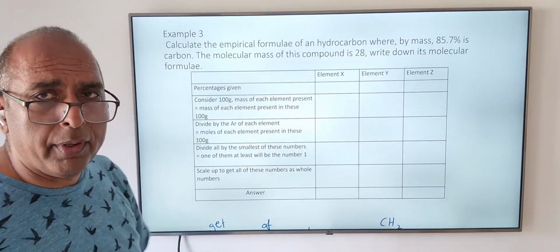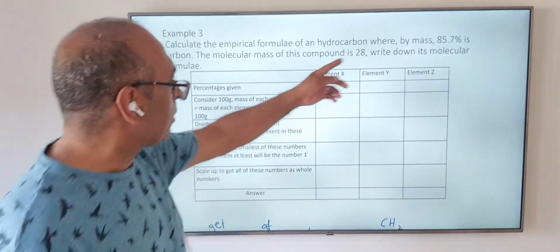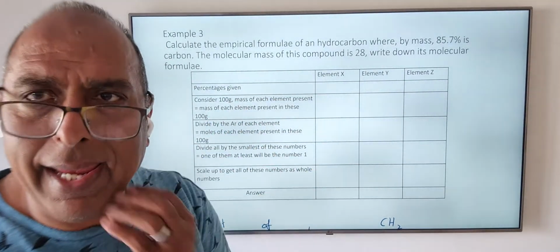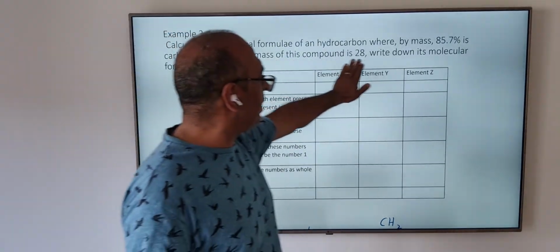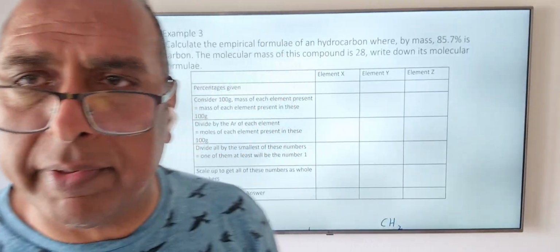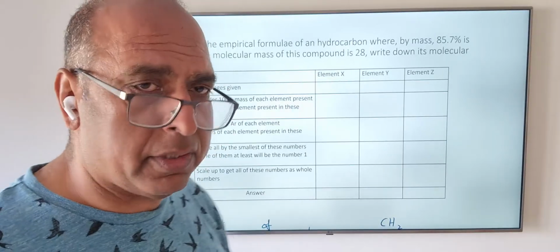Right, example 3. Calculate the empirical formula of a hydrocarbon. Mass is 85.7% carbon. And now here, they want you to use the molecular mass, which is 28. They want the molecular formula as well as the empirical formula. So this is a little bit harder, but it's simple enough.